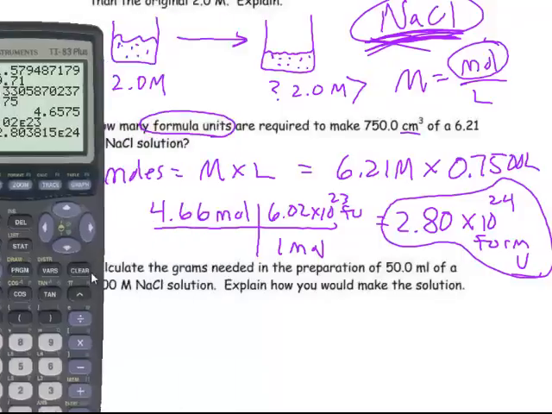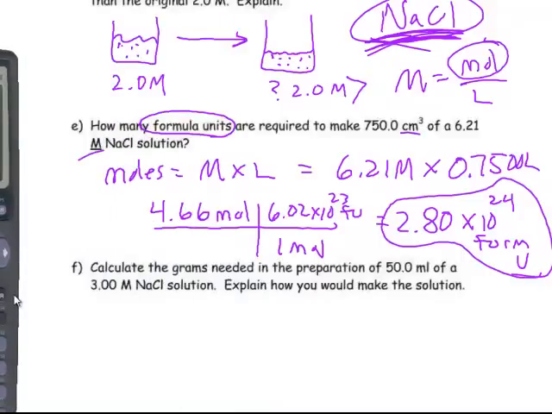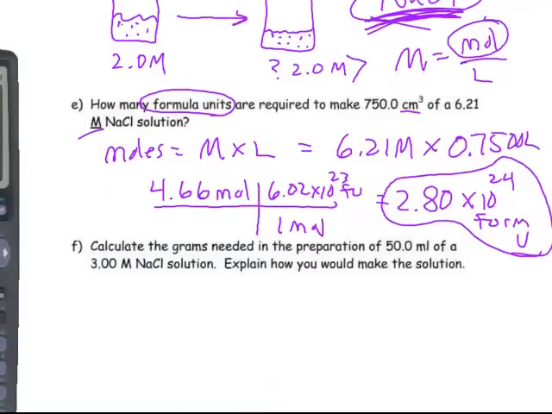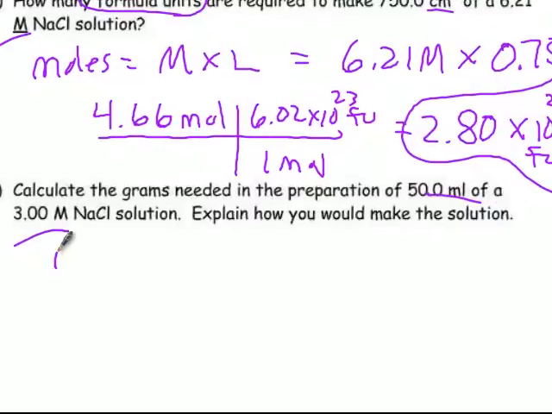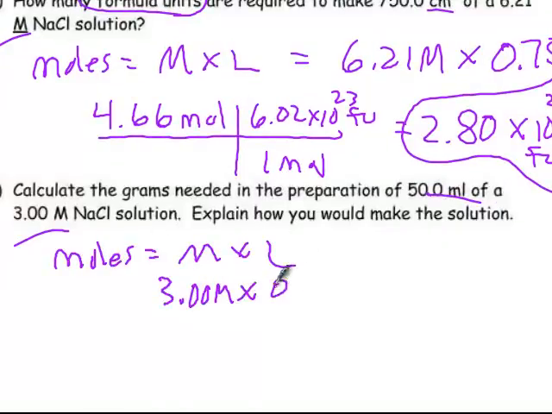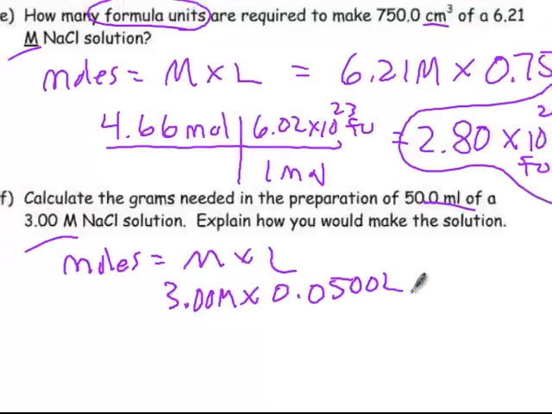Sticking with NaCl again, let's use molar masses. Calculate the grams needed in the preparation of. So now, once again, we're doing a solution. We have the molarity. We have the liters, well, the milliliters. So moles equals molarity times liters. 3.00 molar times, move it over 3 spots. 1, 2, 3 spots makes it 0.05.